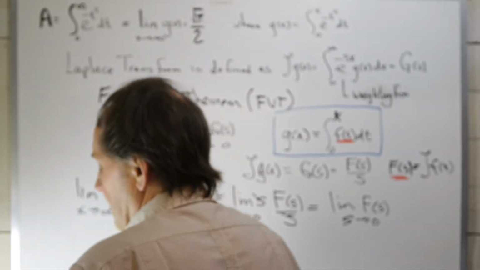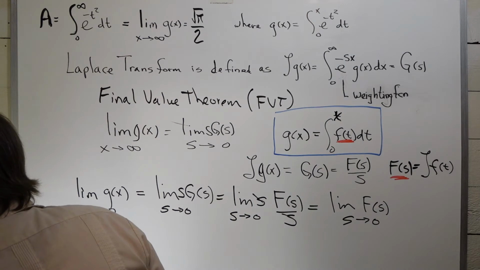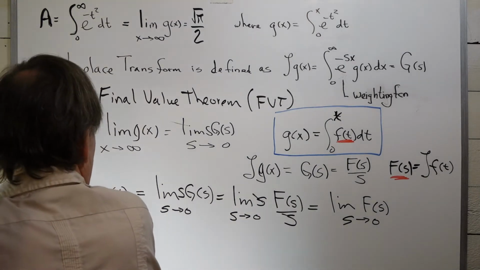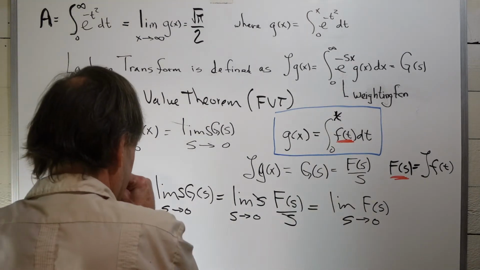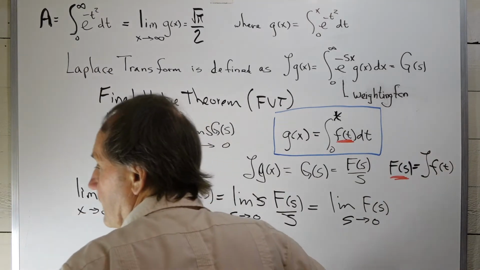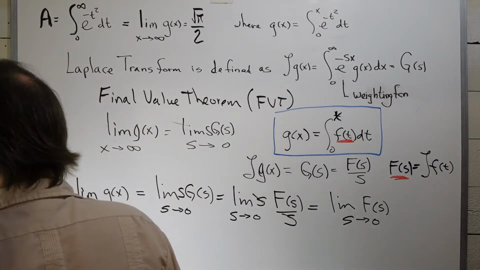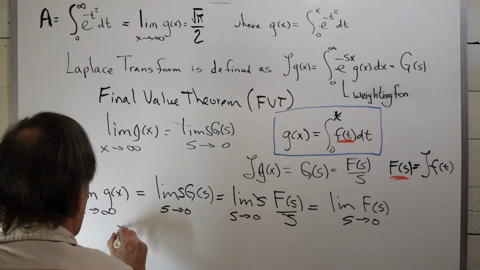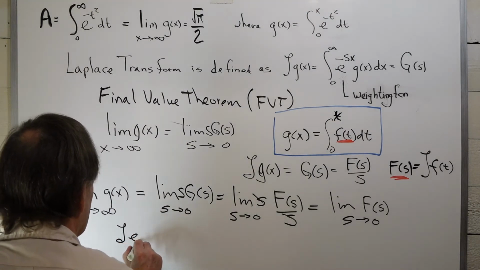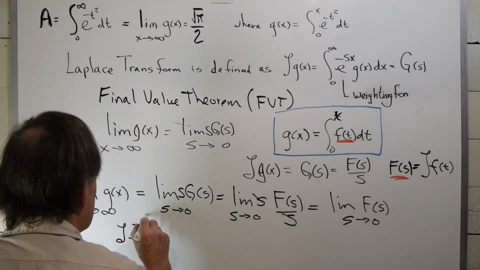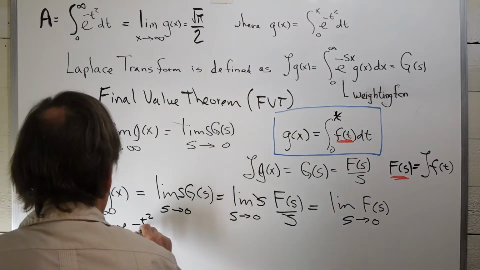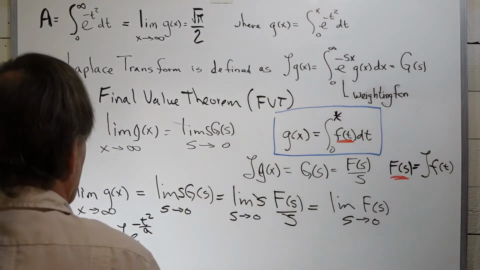Now I'll write that down. So we want to know the Laplace transform of e to the minus t squared over a. This is in the book.